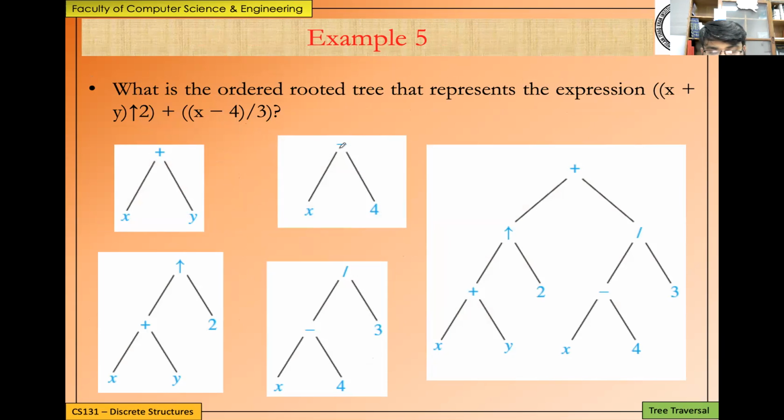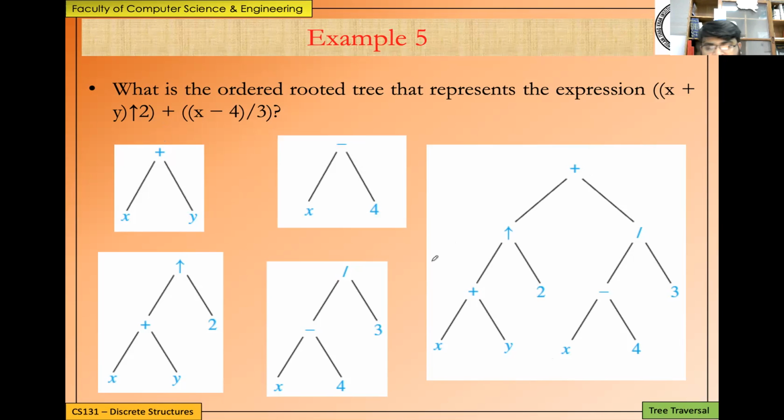And then after x minus 4, you have to divide it by 3. So then divide by 3 comes at top of it. And if you combine these two together by using another operator, which is basically plus, you can add a plus on top of it to make it a rooted ordered tree like this. So this represents x plus y, then you raise it to power 2, and then you add to it x minus 4 divided by 3, and whatever comes out, you add it to this particular portion.